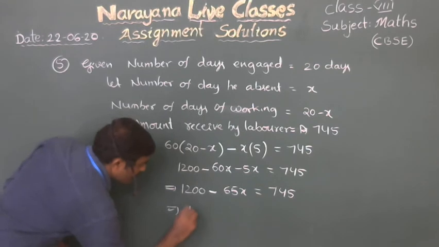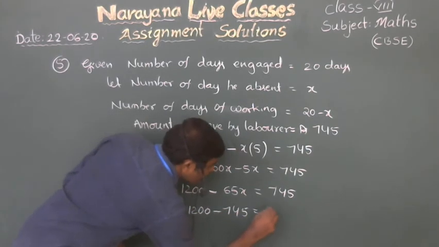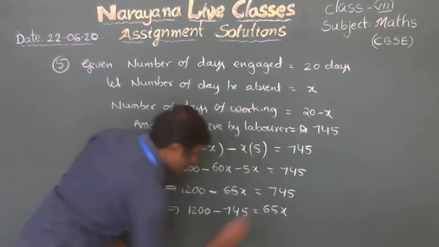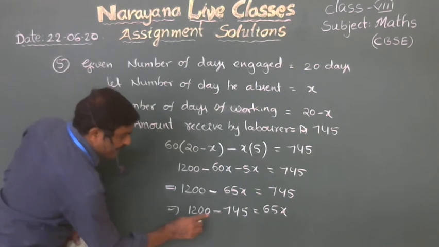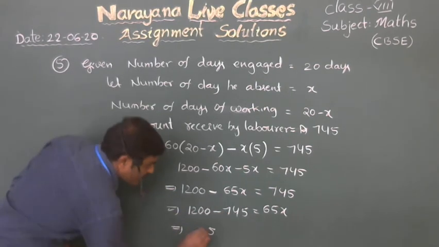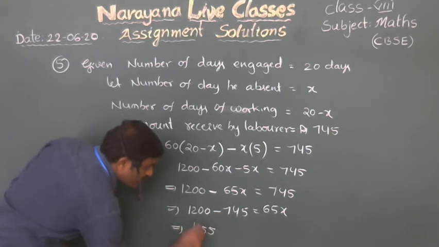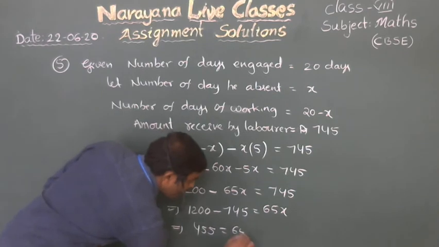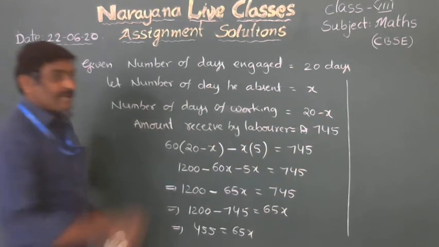So we get 1200 minus 745 is equal to 65x. Now 1200 minus 745: 10 minus 5 is 5, 9 will be left, 9 minus 4 is 5, 11 minus 7 is 4. That is equal to 455, equal to 65x.